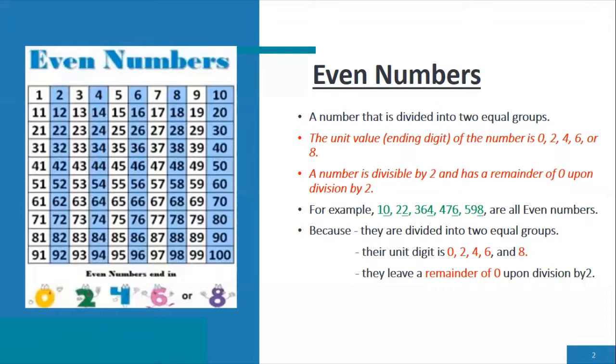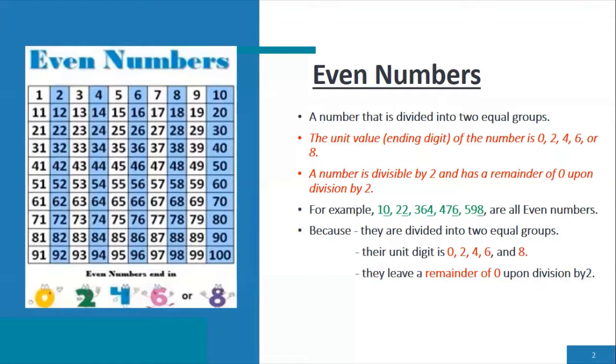And whenever we divide these numbers by 2, we get remainder 0. Whenever we divide 10 by 2, we get answer 5 and there is no remainder, meaning 0 would be the remainder. Same case is with 22. The answer would be 11 and the remainder would be 0, and so on.